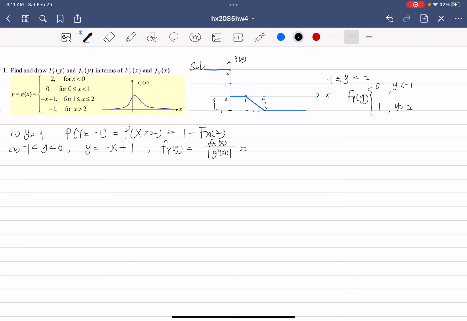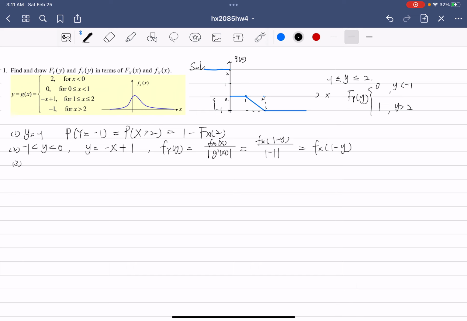Because x equals 1 minus y, we can replace x, and dividing by the modulus of -1, it is f_X(1 minus y).